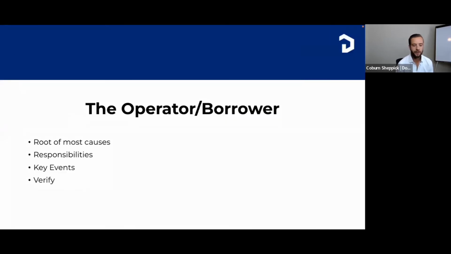So starting with the number one source here, which is the operator or the borrower. All distress typically begins with the operator or the borrower.